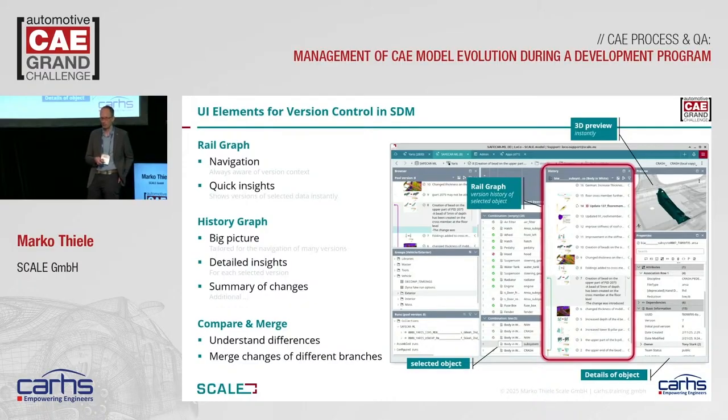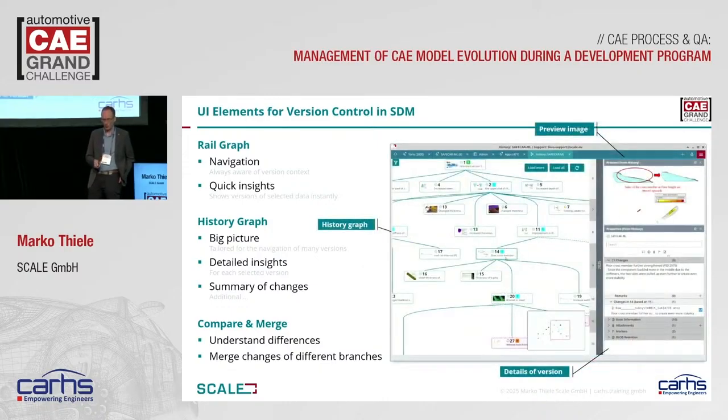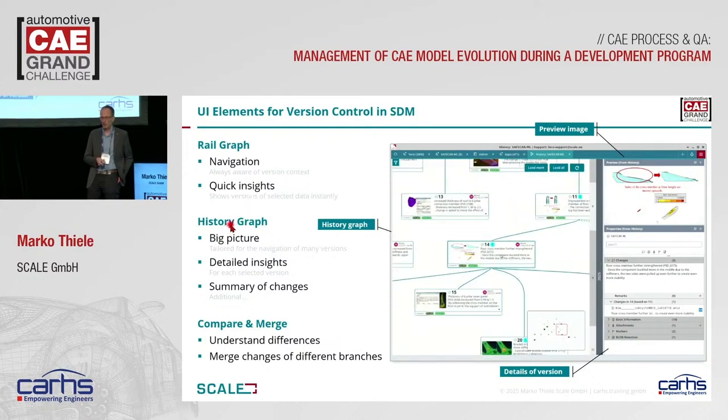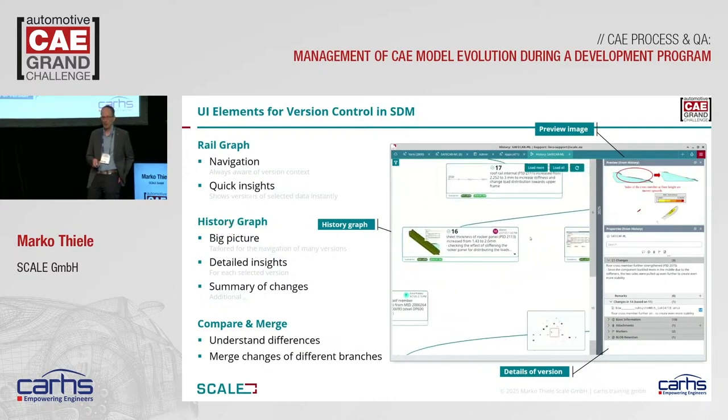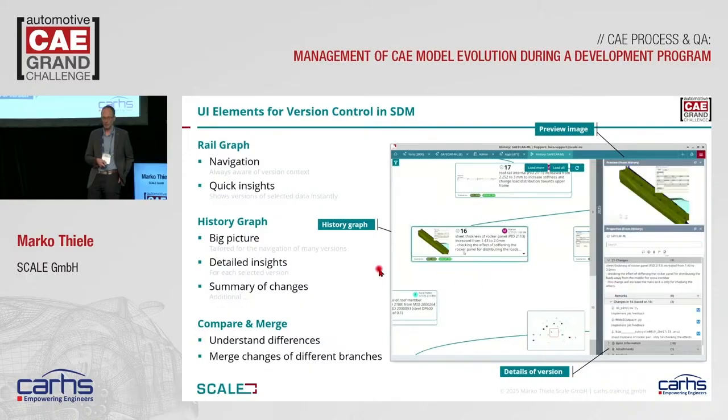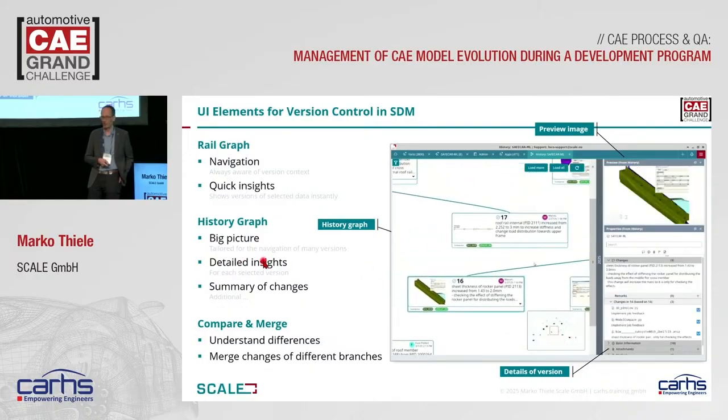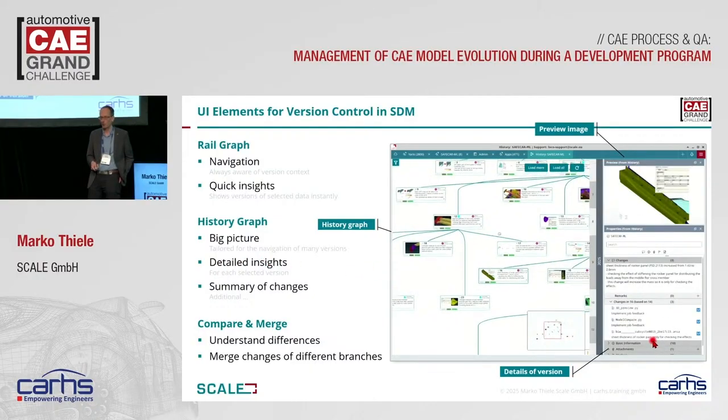And then we also have something that we call the big history graph. The big history graph is like a mind map where you can zoom in, zoom out, where you have more detailed insights on your changes, where you can see summaries of what you changed.